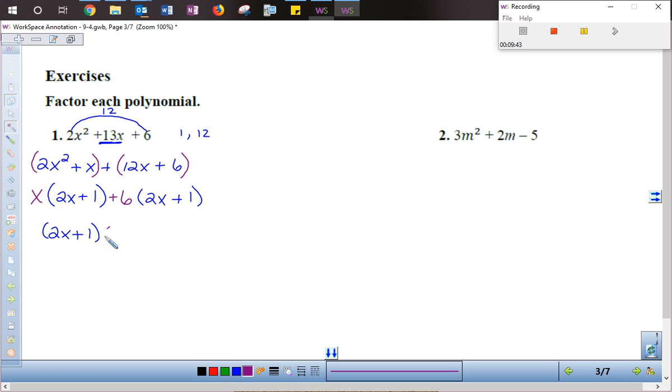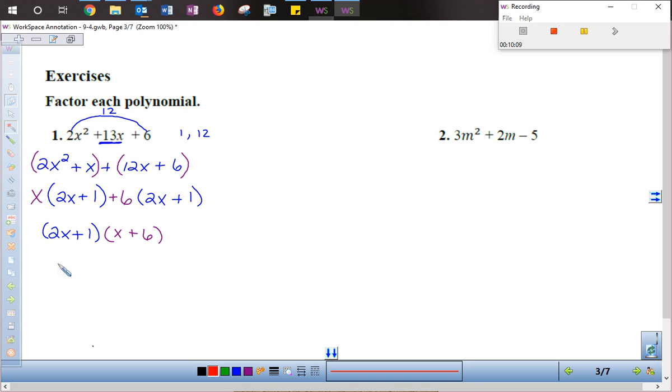Now, my second binomial is whatever was in front of my binomials. So in front of my first 2x plus 1, I had x, so that's my first term here. In front of my second binomial, I have a plus 6, so that's what's going to go second here. That means that 2x plus 1 times x plus 6 gives me 2x squared plus 13x plus 6.